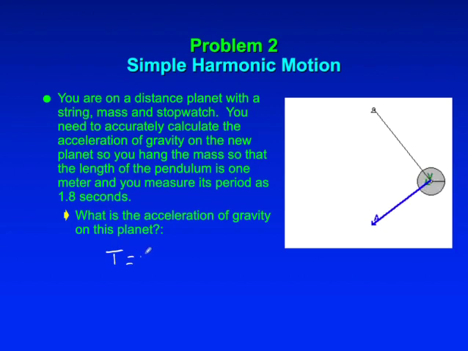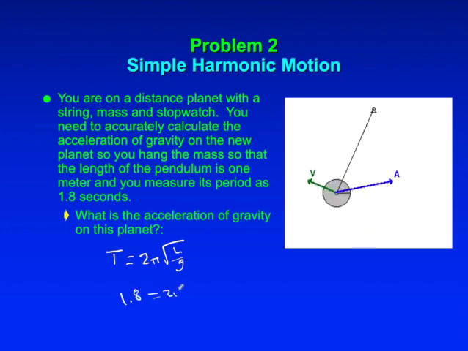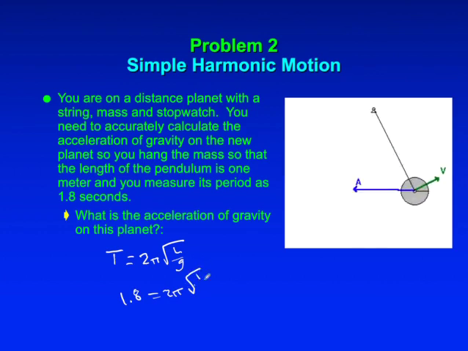Well, you can very quickly calculate it just by using our new equation. Our period 1.8 equals 2 pi times the square root of 1 over g. Oh gosh, should I solve it in a different way? Yeah, let's do this.